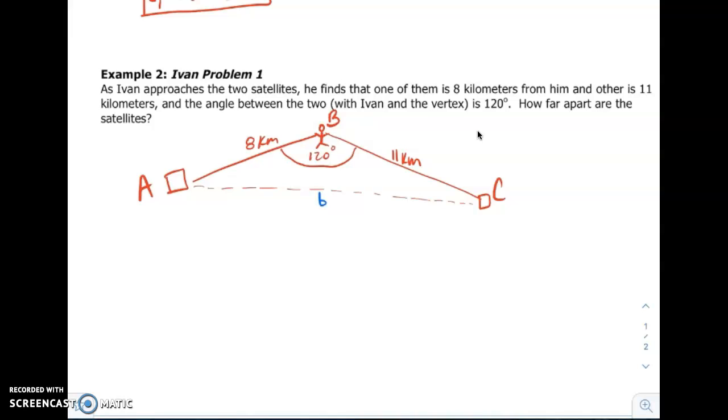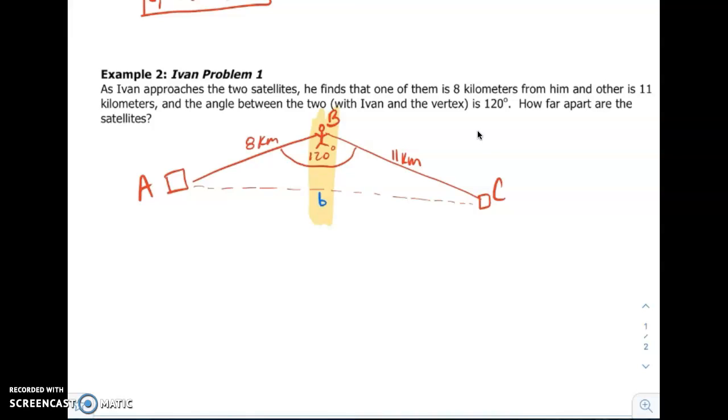So I do have an opposite here with B and angle B. So I'm looking for side B and I have angle B. But I would need some sort of opposite with A or C. Now I have side A, but I don't have angle A. And I have side C, but I don't have angle C. So I don't have enough opposites to set up that proportion that I would need for law of sines. So that's telling me that I need to use law of cosines instead.